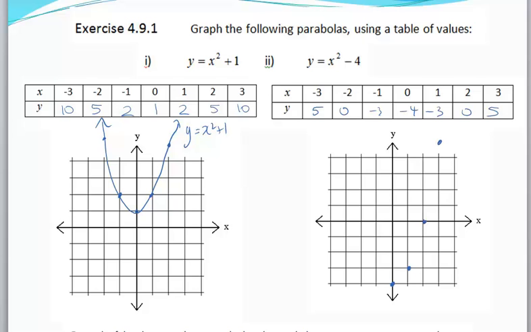And the same on the other side: minus 1, minus 3, minus 2, 0, 3 and 5. So we draw our curve in. y is equal to x squared minus 4.